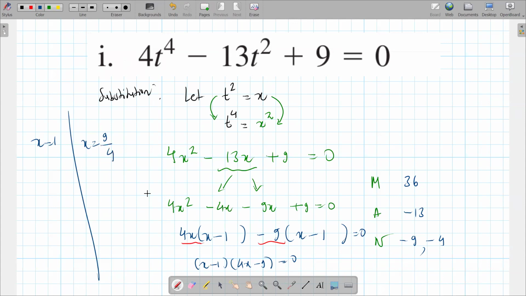But the question is not asking us for x, right? It's asking us for t. So now we're going to do a replacement. X is t squared. So replace x with t squared equals 1. Replace x with t squared equals 9/4. If t squared is 1, what's t?